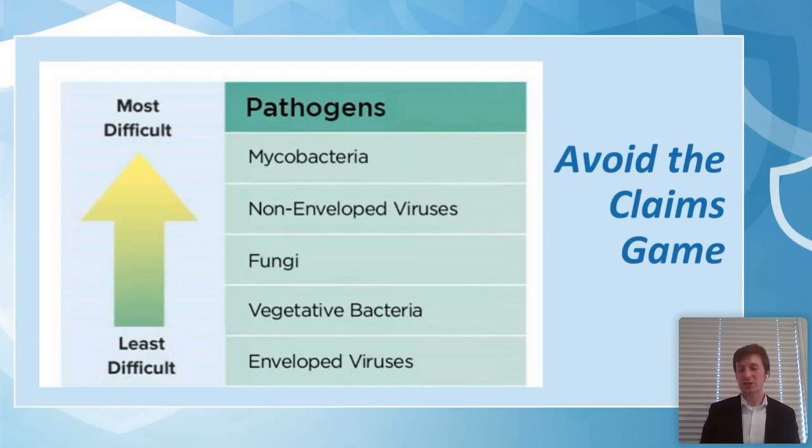Moving up, we have our vegetative bacteria. So most bacteria are going to fall into this category, dealing with things like Staphylococcus, Pseudomonas, Salmonella. Moving up, we have our fungi, so our trichophytons, and non-envelope viruses. So these are the harder to kill kind of viruses, and they don't have this outer shell.